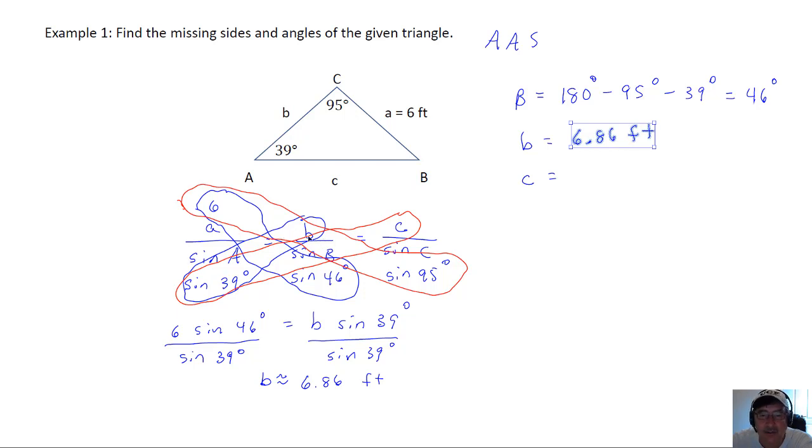And I'll show you it kind of helps when you do this. So let me come down here and go, so 6 times the sine of 95 degrees is going to equal C over the sine of 39 degrees, and divide both sides by the sine of 39 degrees.